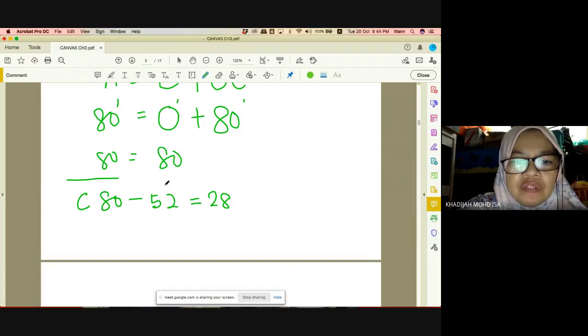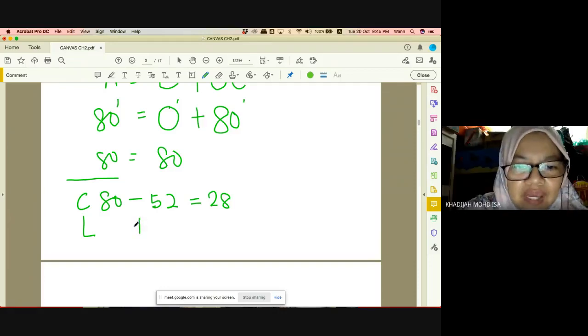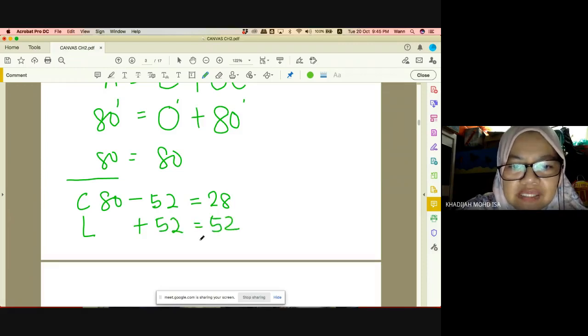What did you pay 52 for? We got the land. Is land your asset? Yes, asset. Why is it an asset? Owned by the company. So now you have land of 52. How much is it added together? 80.